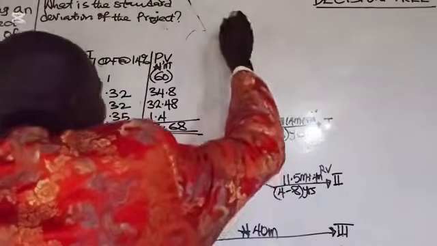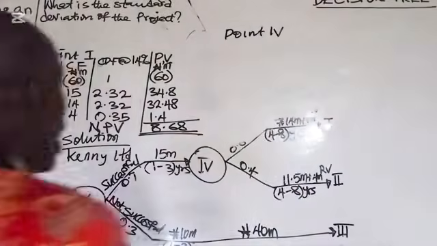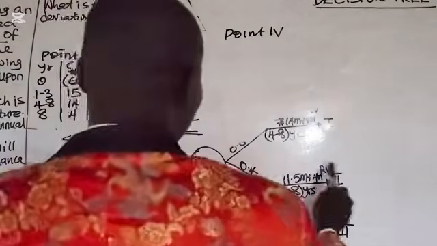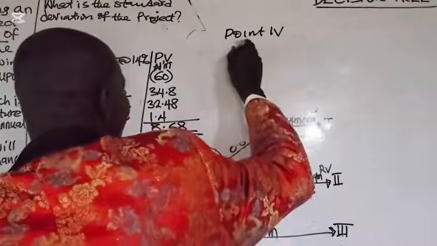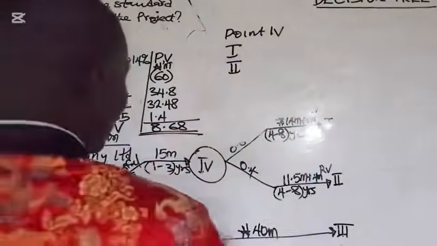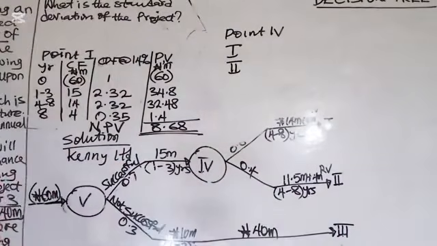Remember, to determine the value of the internal nodes, you take a backward pass. So you will need points 1 and 2. You can travel from 1 to 4. You can equally start from 2 to 4.